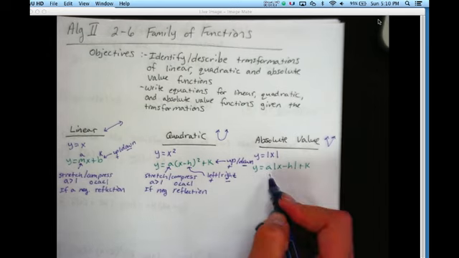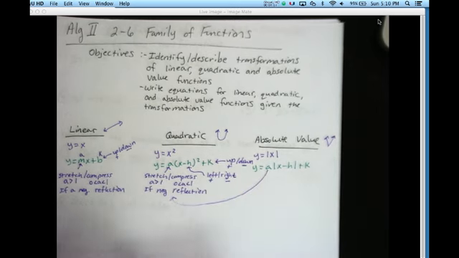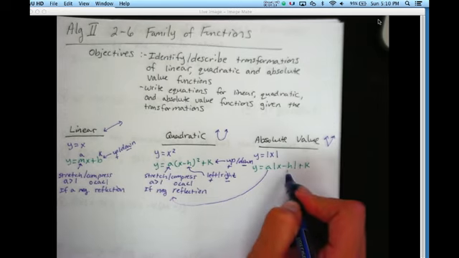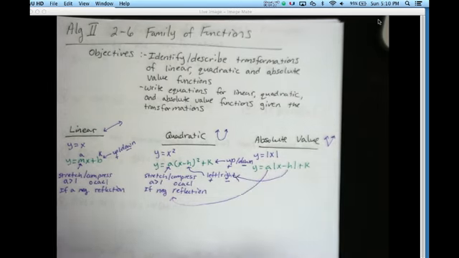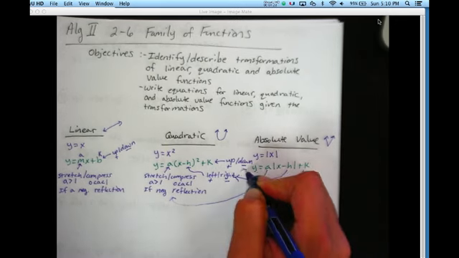Same idea with our absolute value. Our a is going to stretch or compress, and if it's negative, it's a reflection. Our h value is going to move it left or right: left if it's positive, right if it's negative. And the k value is going to move it up or down.